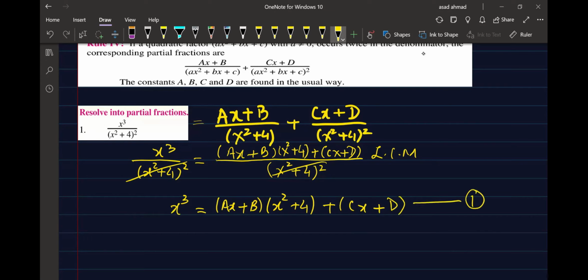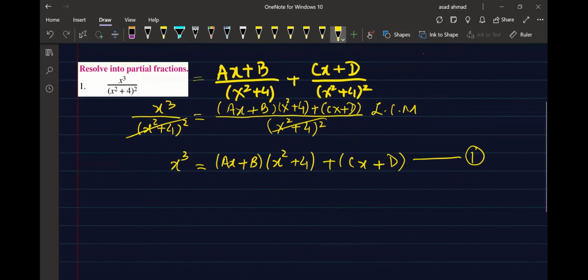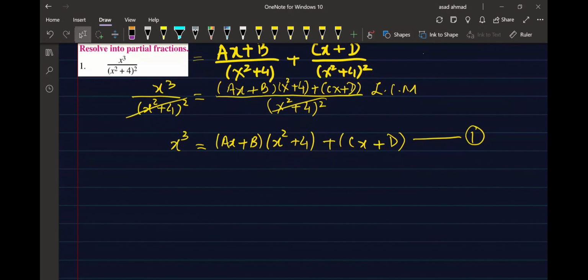Because we do not have any linear part in the denominator, in the normal procedure we were equating the terms and putting the value of x in equation number 1 to get the answer.